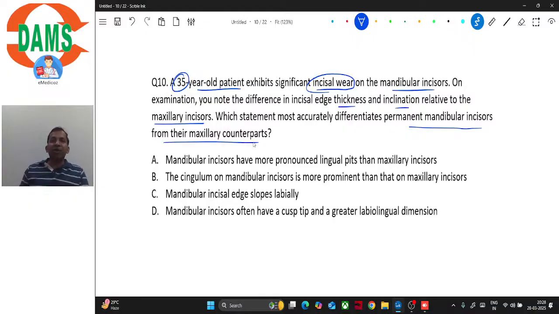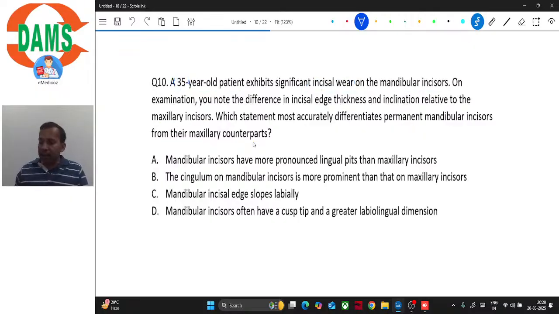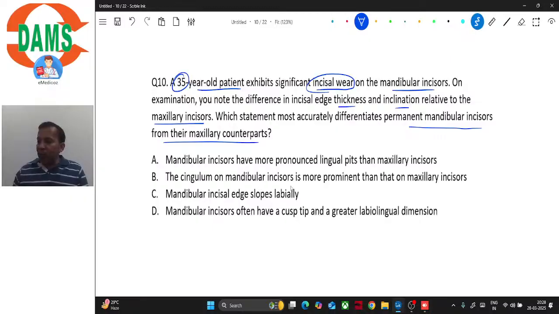So we have to differentiate the mandibular incisor from the maxillary incisors, and it is given in the question that there is incisal wear, right? So mandibular incisors have more pronounced lingual pits than maxillary incisors. So obviously this is wrong. Maxillary incisors have lingual concavity, whereas mandibular incisors have an almost smooth lingual surface, isn't it?